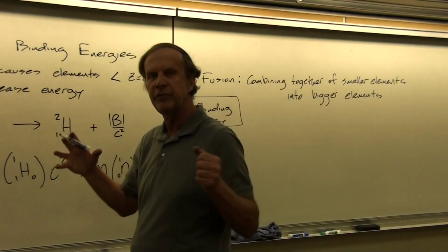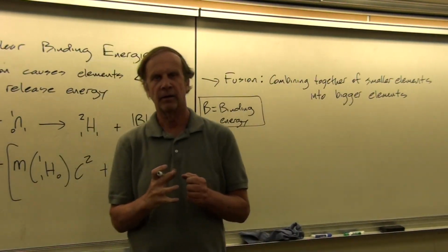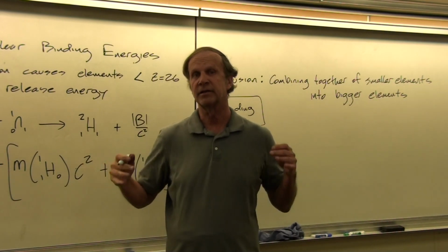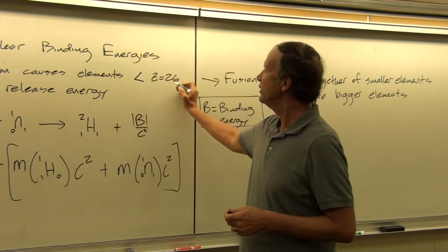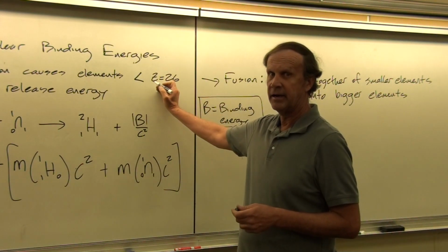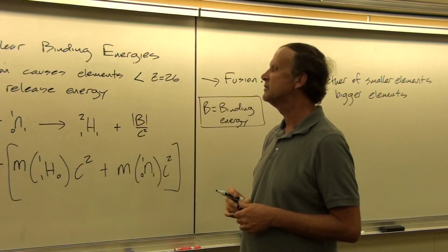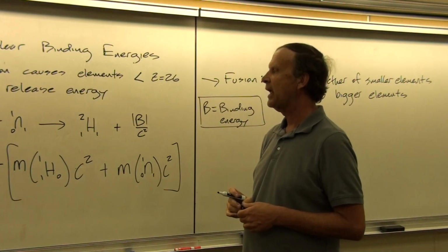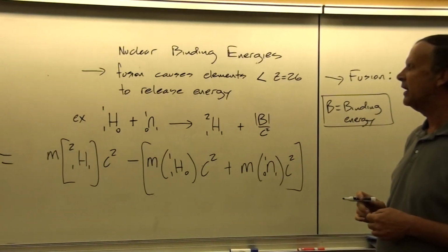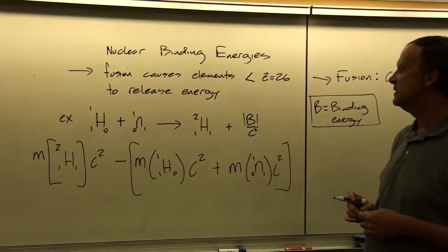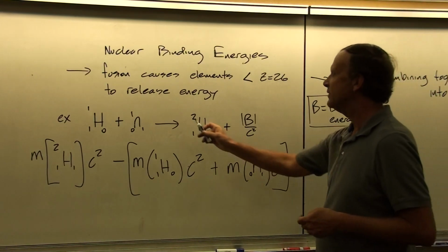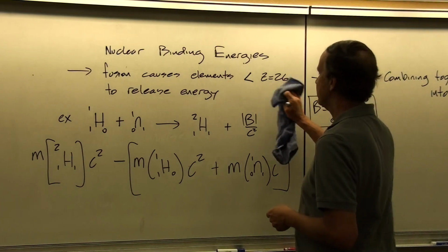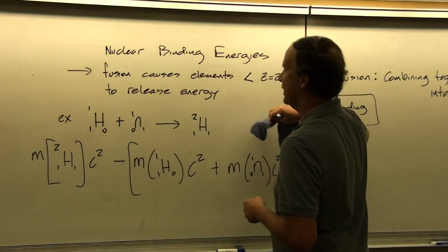That can produce energy, provided that we're not getting any bigger than iron. Iron turns out to be the limit of our stability for fusion. And so we can also talk about the process by which one of these reactions can take place.